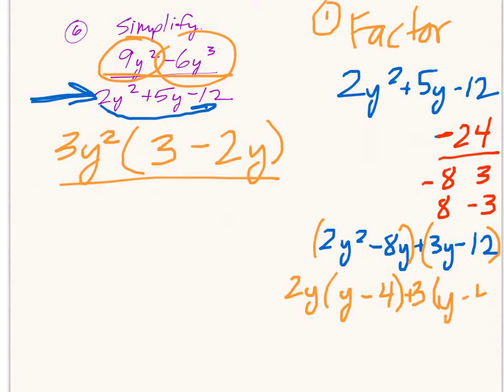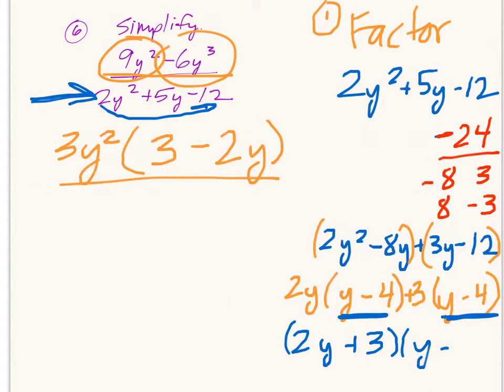Y minus 4. Other good news, you're a factor master. So your 2 binomial factors matched up. Put in what you factored out. 2y plus 3. Y minus 4. You are factored.